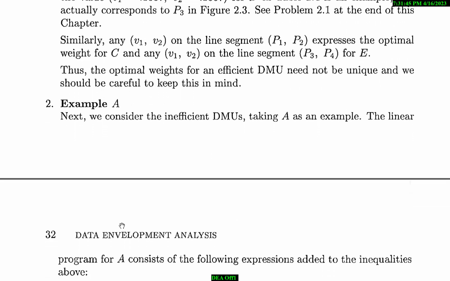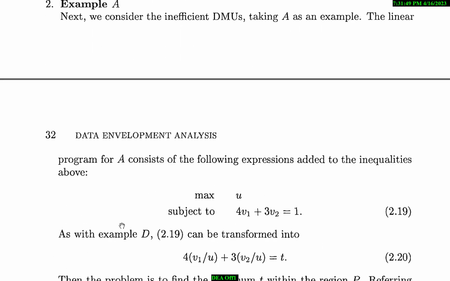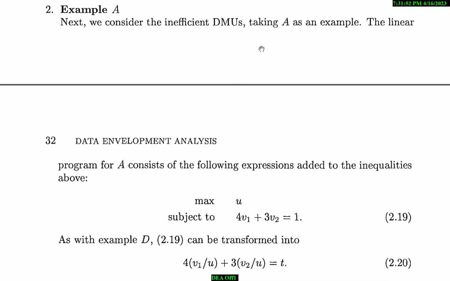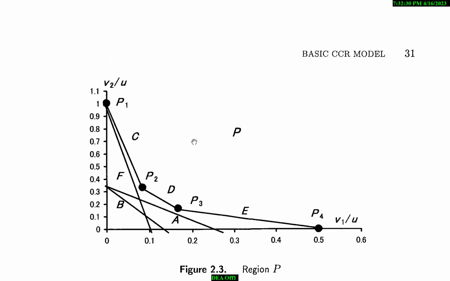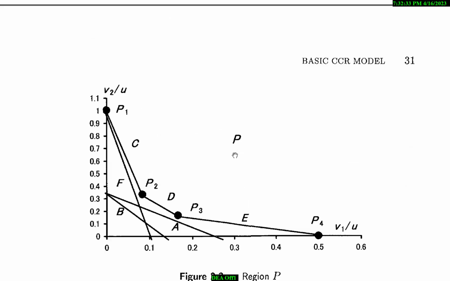If we consider other DMUs, for example, if we take A as another example, we have to maximize U when we have this constraint, that is equivalent to minimizing T. But here also we are minimizing a function with two variables in a two-dimensional space.